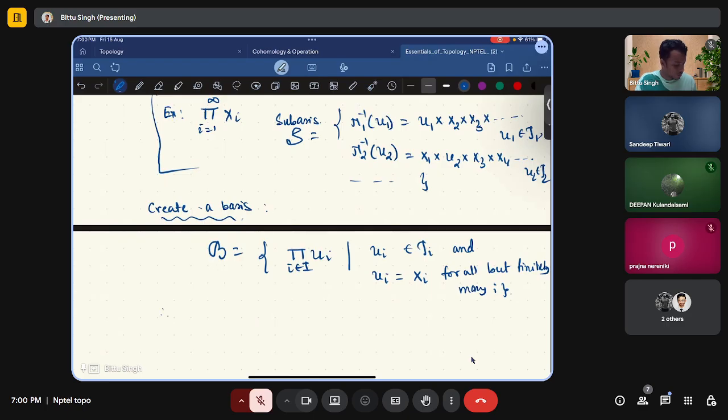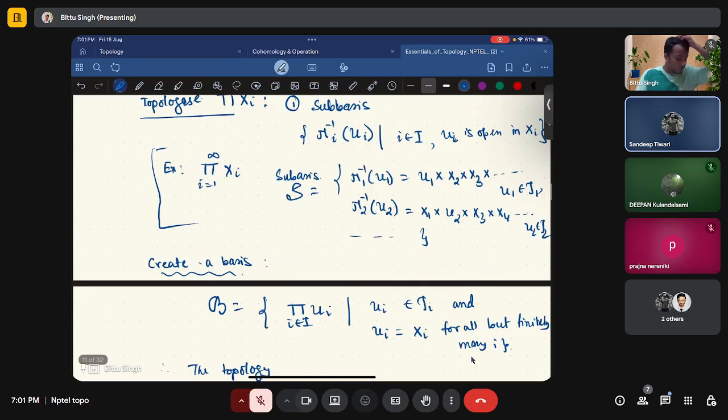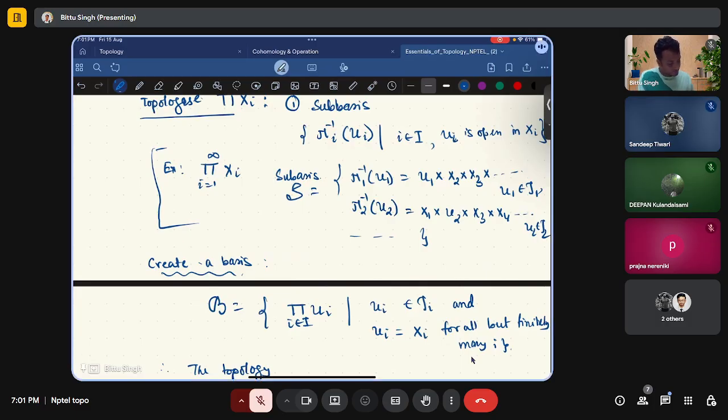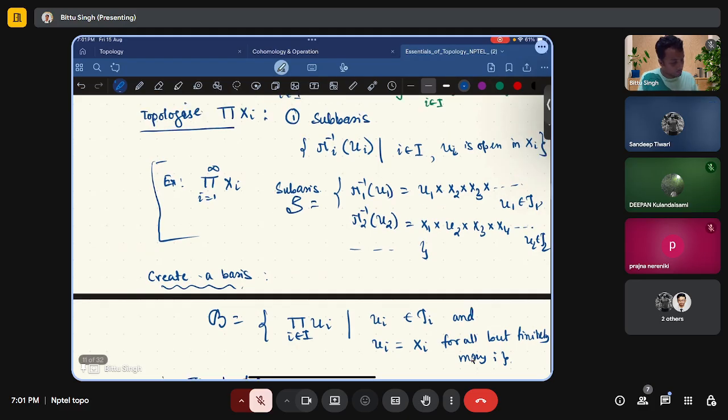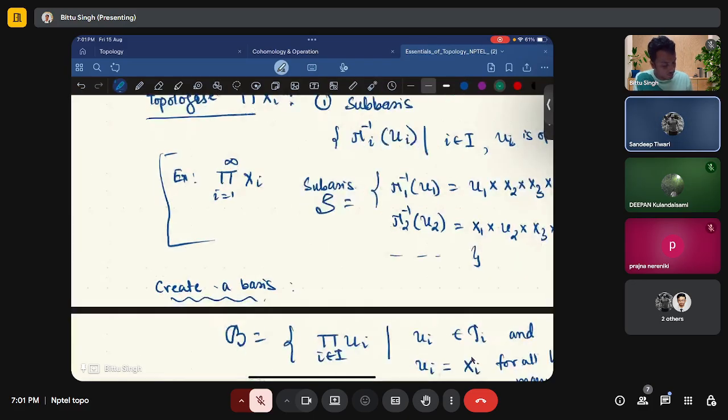So how are you getting pi 1 inverse of u1 equal to u1 cross x2 cross x3? Let me go through the definition.